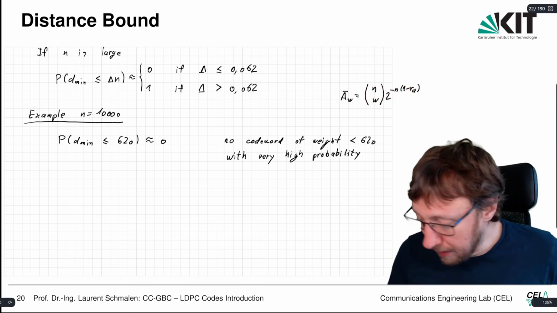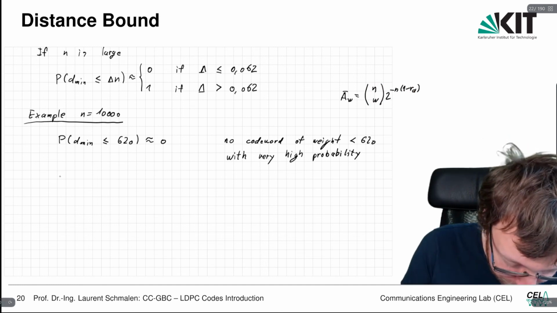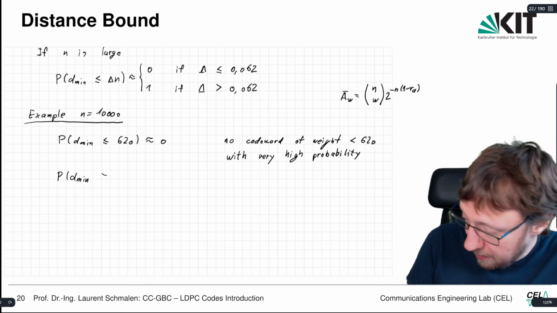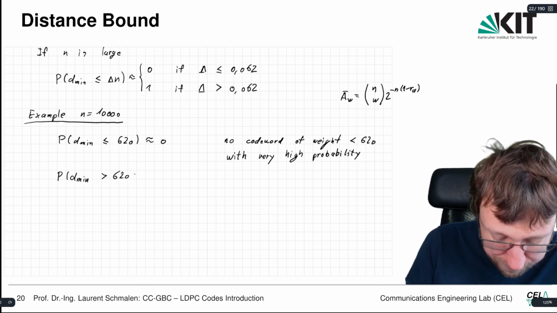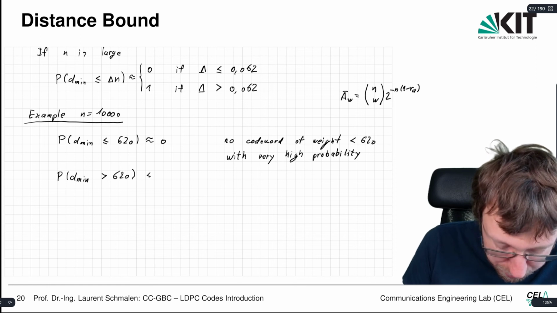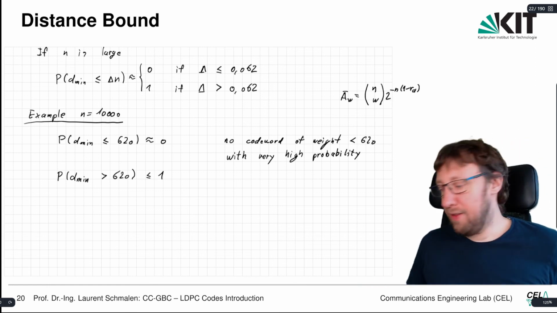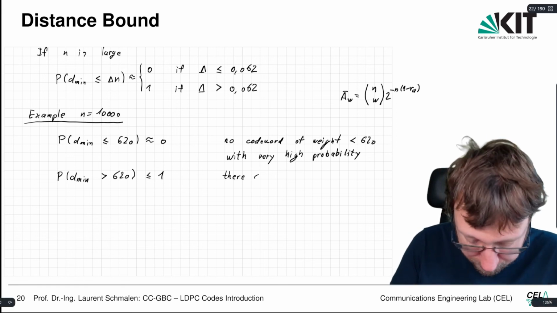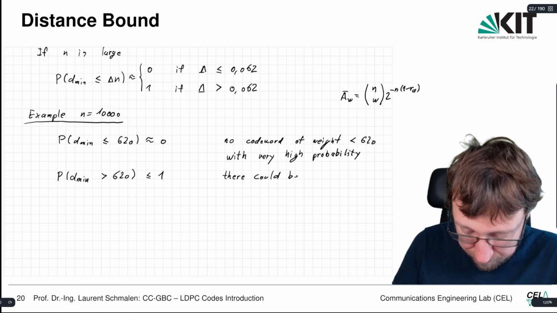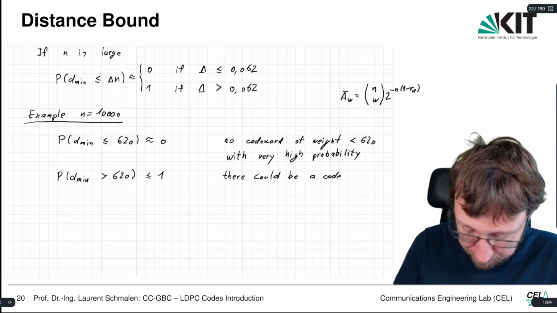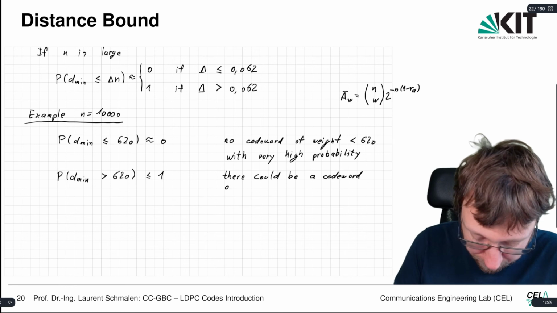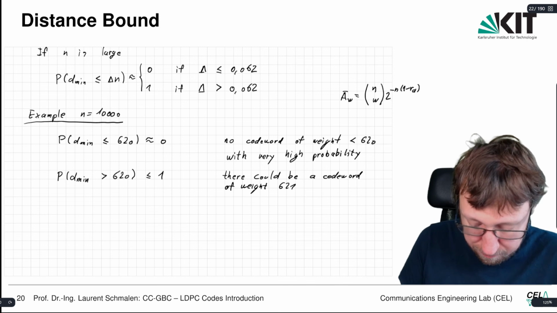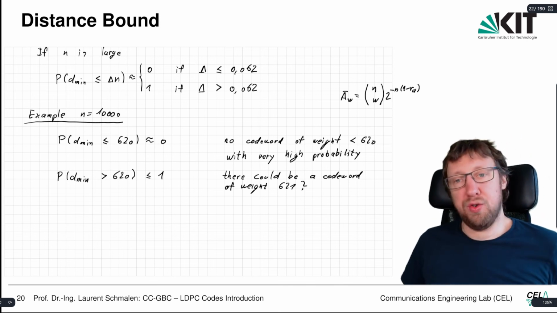And on the other hand, if we look at larger weights, the probability that the minimum distance is larger than 620 is smaller or equal than 1, so we cannot say anything. It means there could be a code word of weight 621, but we cannot be sure.